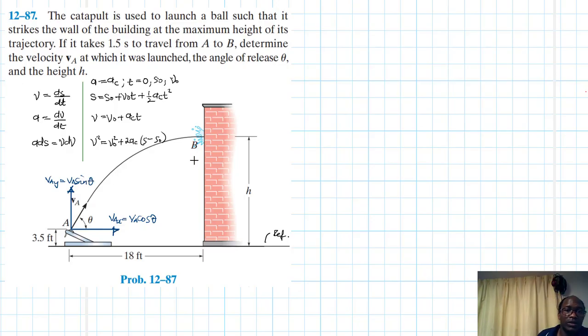At B, this is the maximum point of the trajectory. So at the maximum point, the vertical component of velocity, because it's the one that is changing, right? It's not constant throughout, it keeps on changing. So at this particular point B, the maximum point, we expect the vertical component of our velocity to be equal to 0.